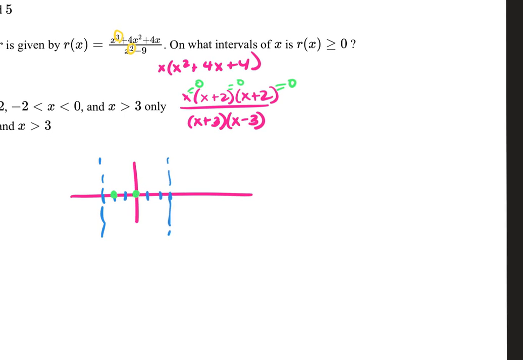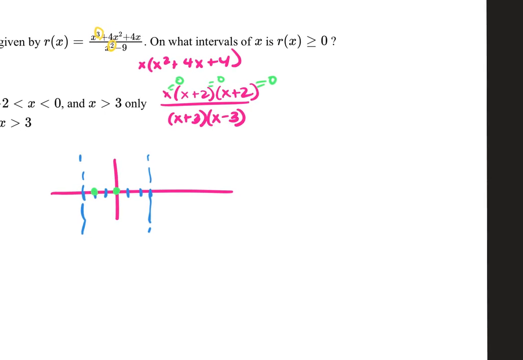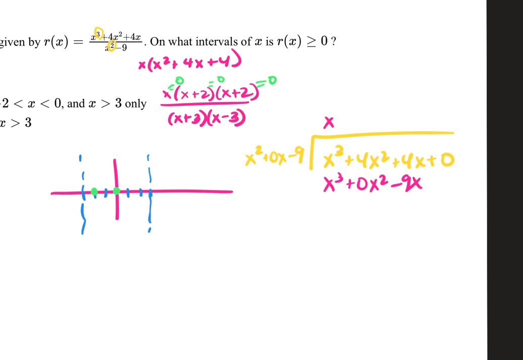And to find that slant asymptote, we're going to divide x to the third plus 4x squared plus 4x plus 0 divided by x squared plus 0x minus 9. So this would be x to the third plus 0x squared minus 9x.